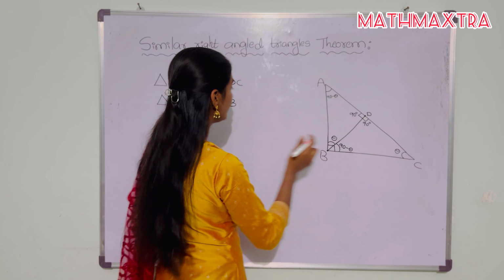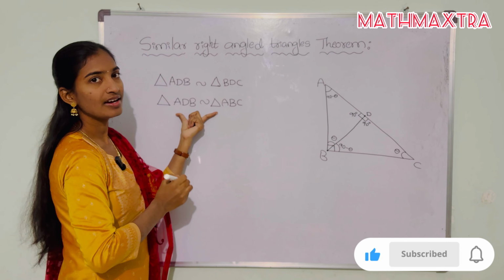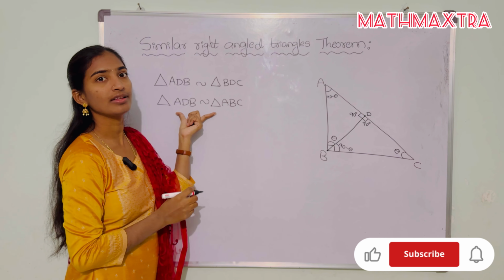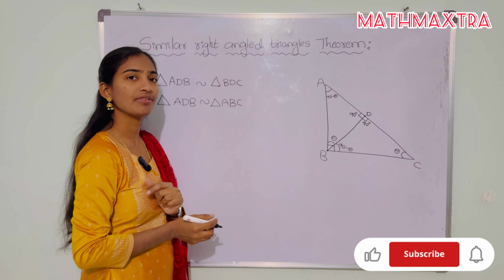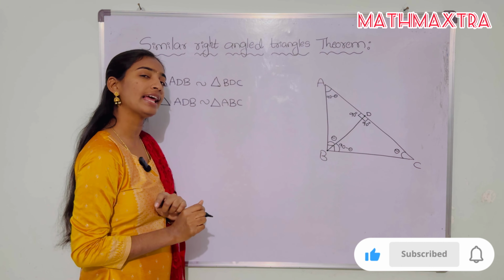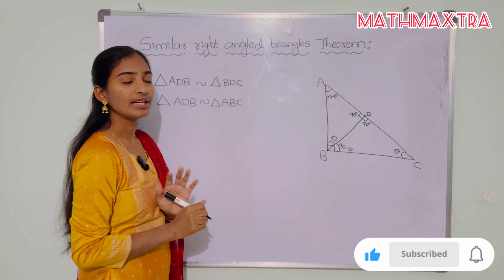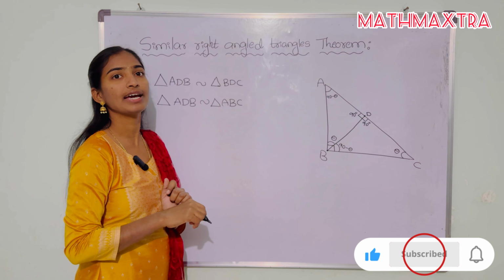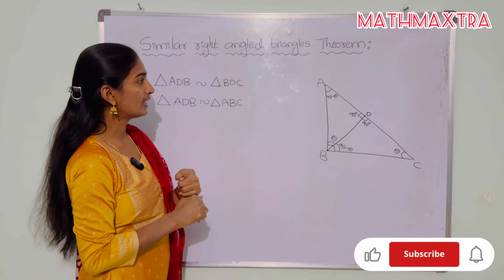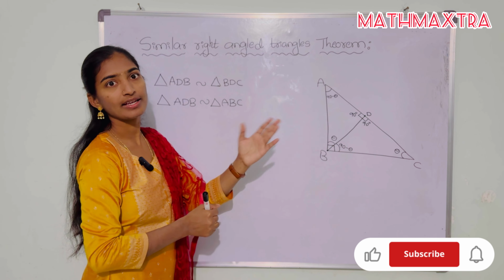Angle C, so you write C here. This is the way you have to check similar triangles, because we have a sufficient condition, that is the angle, angle, angle axiom. If the corresponding three angles are equal, we can simply say they are similar to each other. That is why we check that all three corresponding angles are equal.